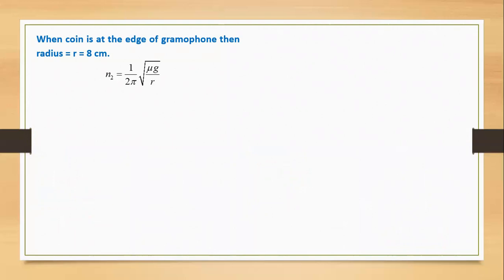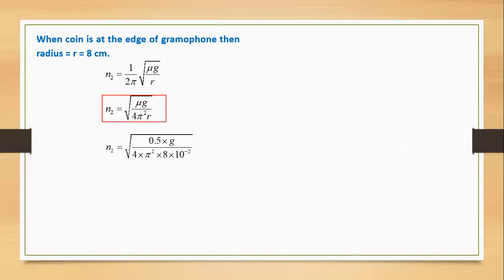Now the same formula. Under root mu g upon 4 pi square R. Same formula which we used in the previous part. Now we substitute this R as 8. Then after solving this, you know that g and pi square get cancelled.